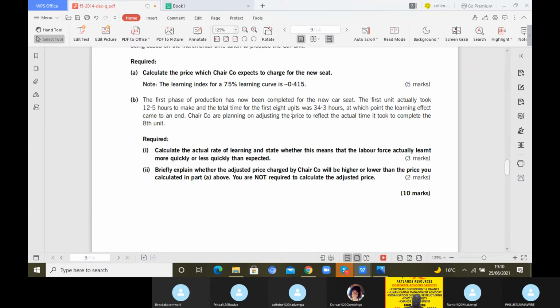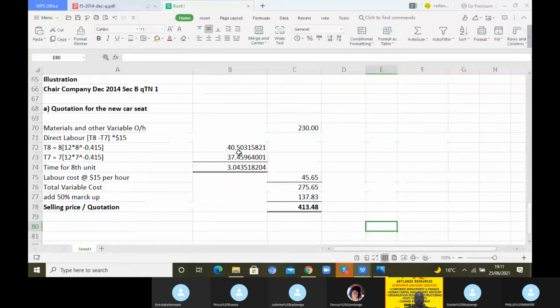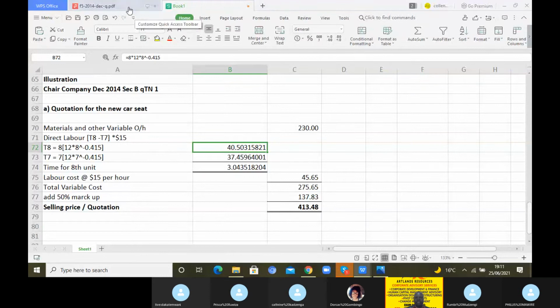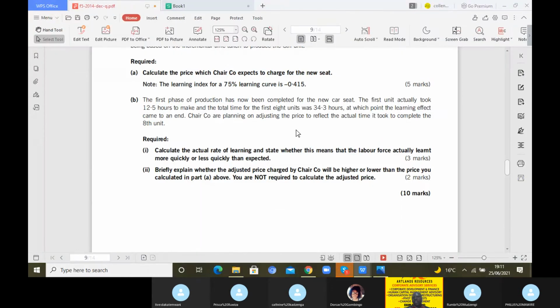They are saying the actual result was the first unit took 12.5. Remember, we had budgeted 12 hours to make. And the total time for the first 8 units was 34.3. So 8 units were 34.3 instead of 40 here. When we said T8, we got 40 here. But they are now saying total for 8 was actually 34.3.